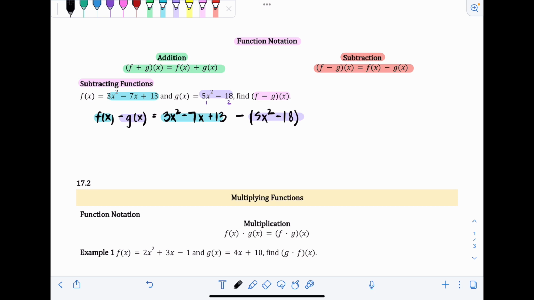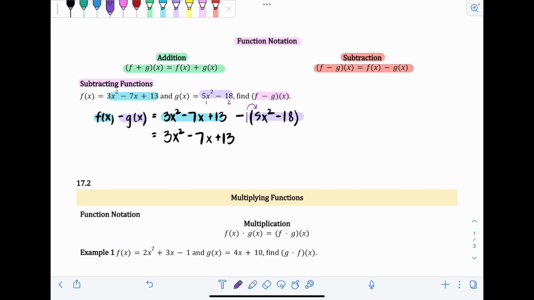So I'm just going to bring down f of x. All of this that's not in parentheses that came first just comes down as is: 3x squared minus 7x plus 13. And now everything that I'm subtracting, I'm going to have to distribute that negative. This is like a -1 in front, and I'm distributing that negative to everything inside the parentheses, which changes the signs.